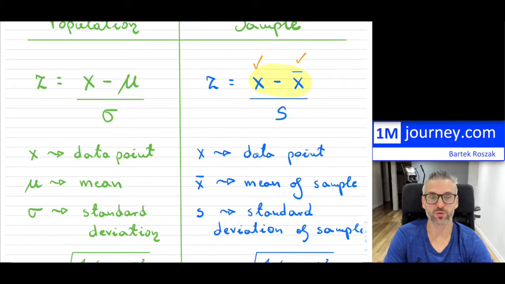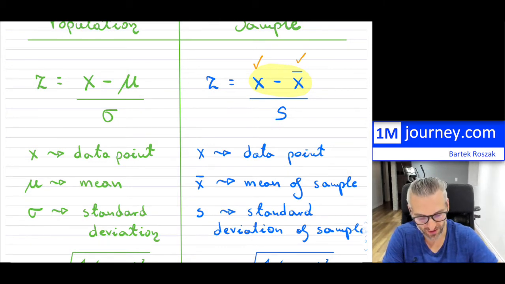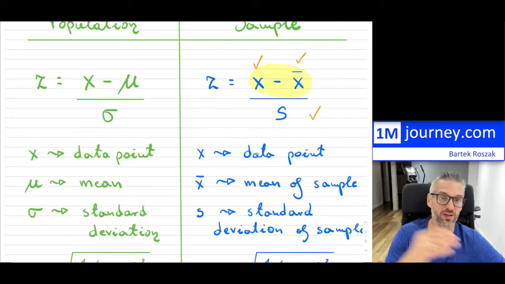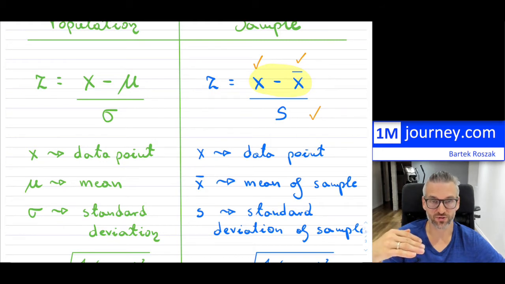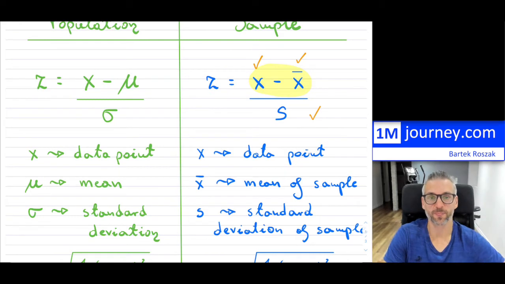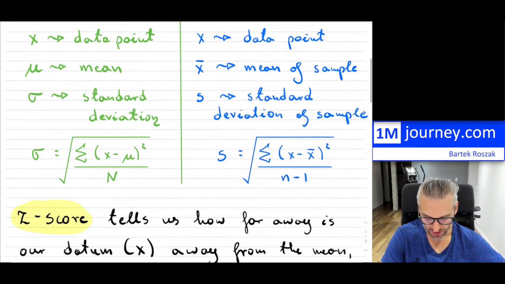Then you're just dividing by the standard deviation. So you're asking yourself, how many standard deviations away am I from the mean? If it's negative, then you're below it, on the left-hand side. If it's positive, then you're on the right-hand side of that mean. So that's what it would be.